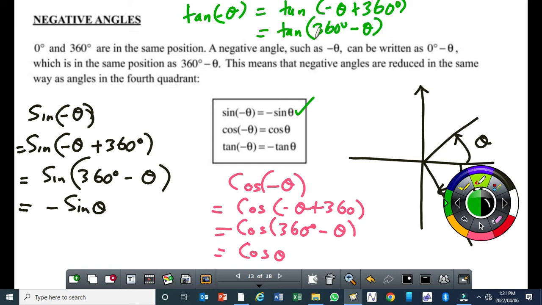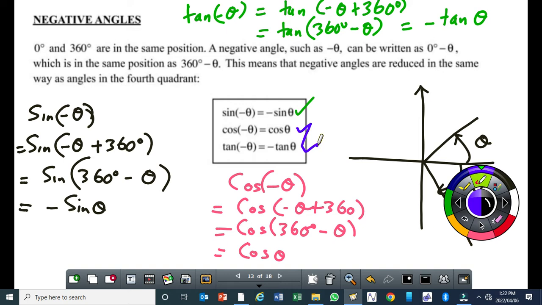Now we are in the fourth quadrant. Remember, minus theta is equivalent to 360 minus theta. Be aware of it. But 360 minus theta is a positive angle. Minus theta is a negative angle. And this will give us minus tan theta. So, just to summarize this, you need to memorize this.